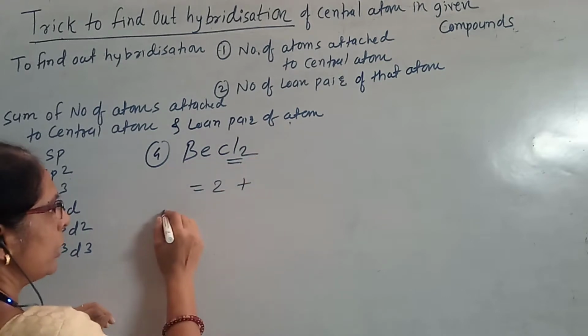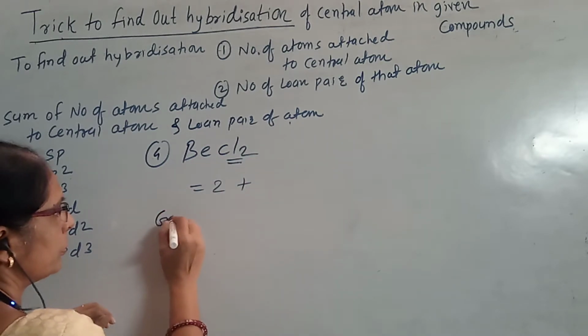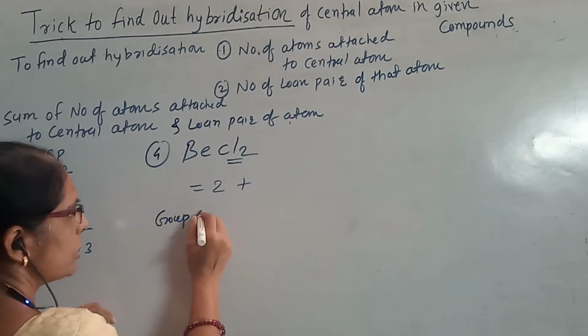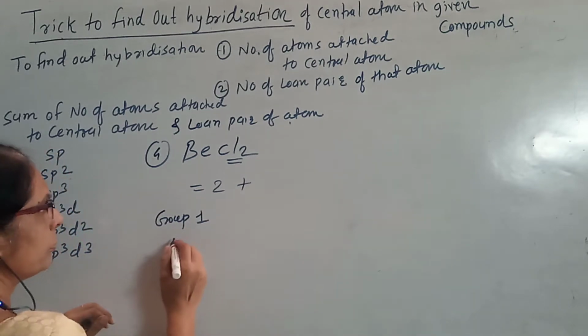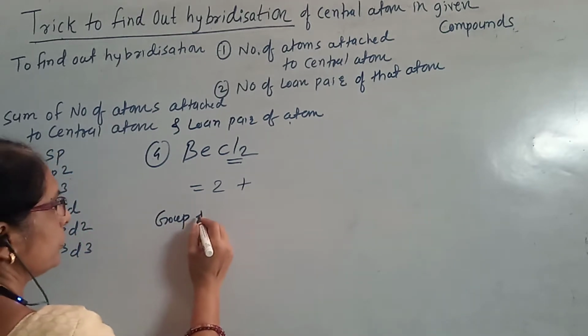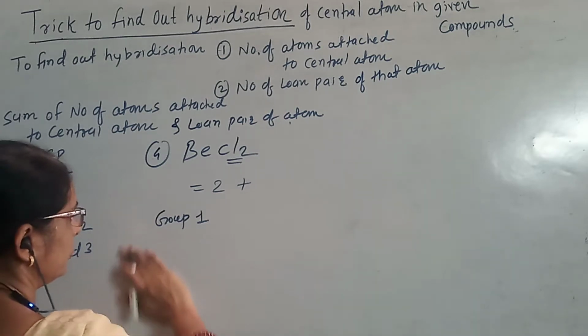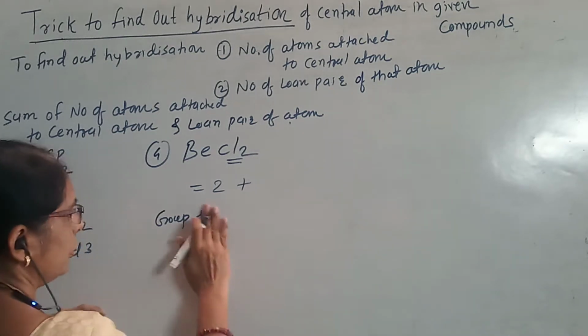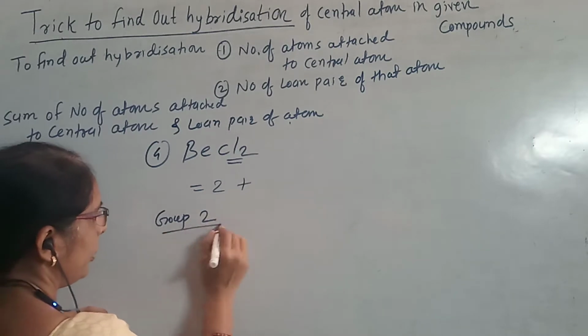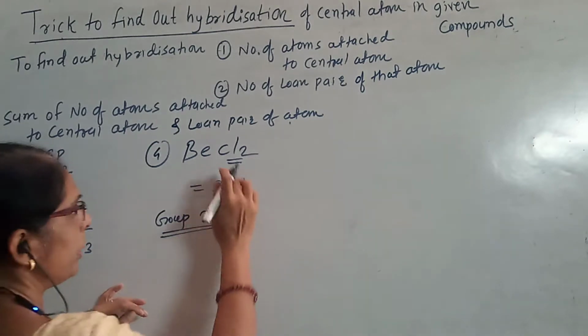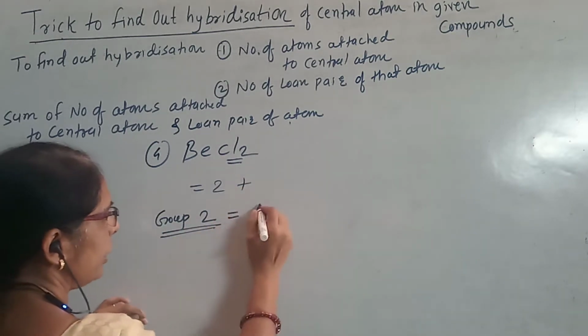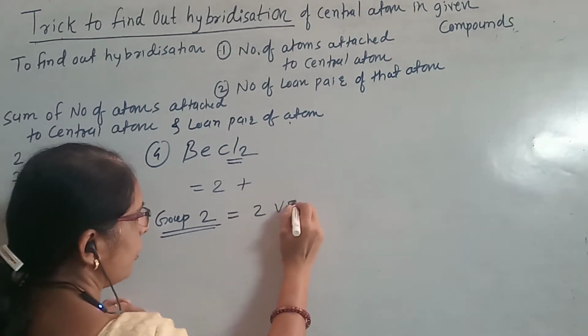Beryllium is a group second element, not a first element. As it is a group second element, it has 2 valence electrons.